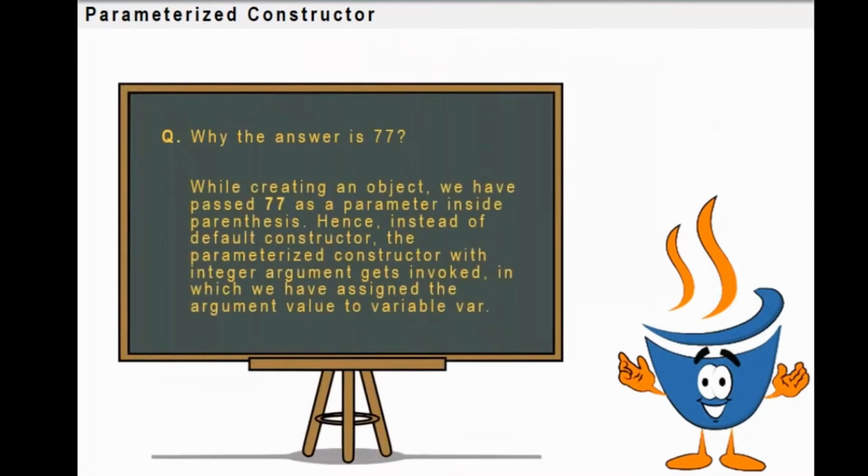Why? While creating an object, we have passed 77 as a parameter inside parenthesis. Hence, instead of default constructor, the parameterized constructor with integer argument gets invoked, in which we have assigned the argument value to the variable.